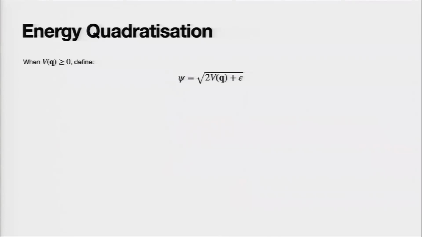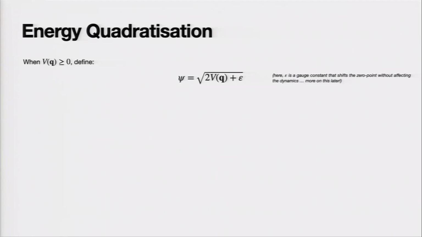That means that somehow you can define an auxiliary function psi, which is defined just as 2V plus epsilon. What is epsilon? Epsilon is just a positive gauge constant that only shifts the zero point of the potential, but doesn't change the dynamics overall. So it is important numerically, but for the moment, you can think that epsilon is equal to 0. It doesn't really matter at this time.